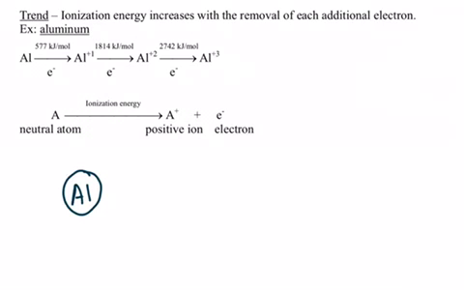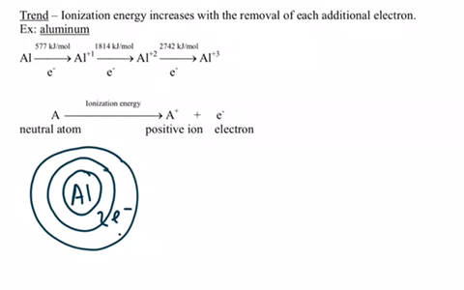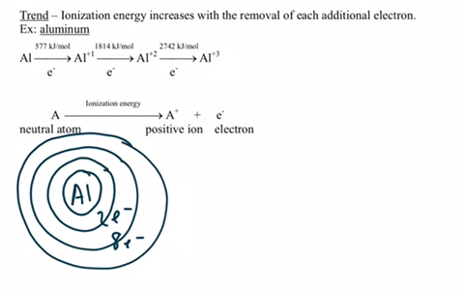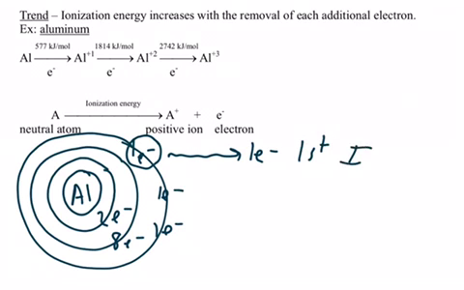Aluminum has a total of 13 electrons. It has 2 in the first energy level, an additional 8 in the second energy level, and then in the third energy level, it has 3 valence electrons. So let's remove the first one. The removal of that first electron is known as the first ionization energy.